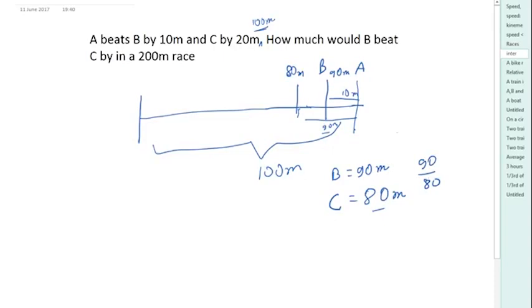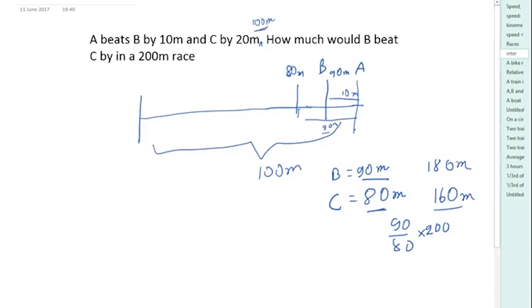If you want a better feel of it, B would travel 180 meters while C would have traveled 160 meters. In the same ratio, if they continue, you can keep extrapolating and you'll get the answer as 90 by 80 into 200.